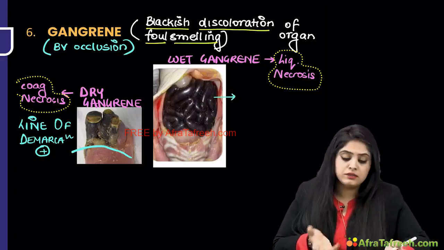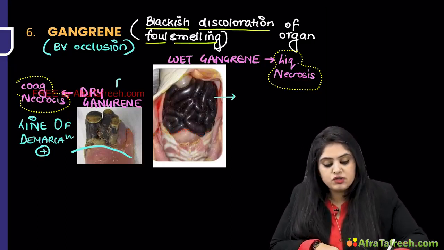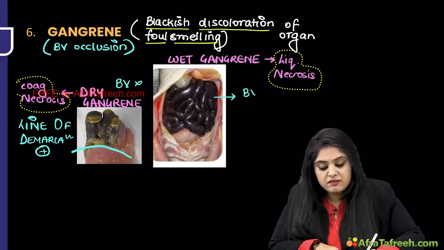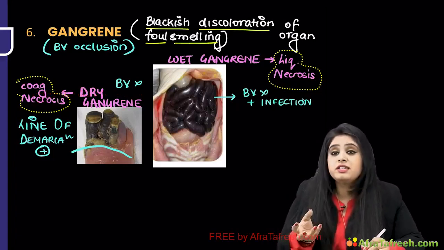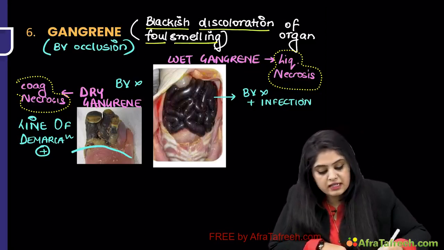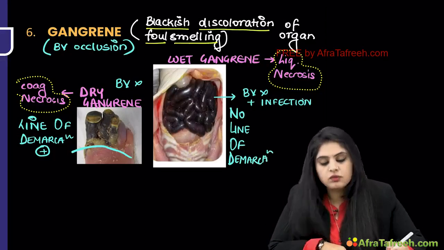This is also because the blood vessel has been occluded, but along with that there are infections. So dry gangrene is just the blood vessel getting occluded. Wet gangrene is blood vessel getting occluded plus there are infections that are also happening. That is what has made it liquidy. That is why liquefactive necrosis has come in, and therein there is no line of demarcation that I notice over here.